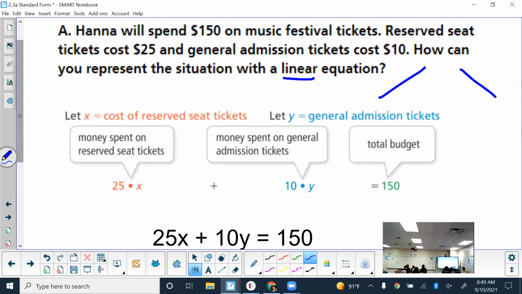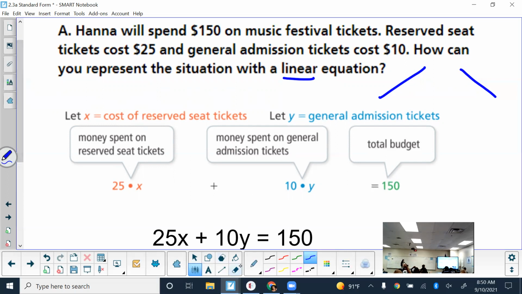All right, if we're trying to set this up to figure out how we can model how much she's spending, how much total does she have to spend? $150. So usually anything that's a total or a budget, something like that, is next to an equal sign.